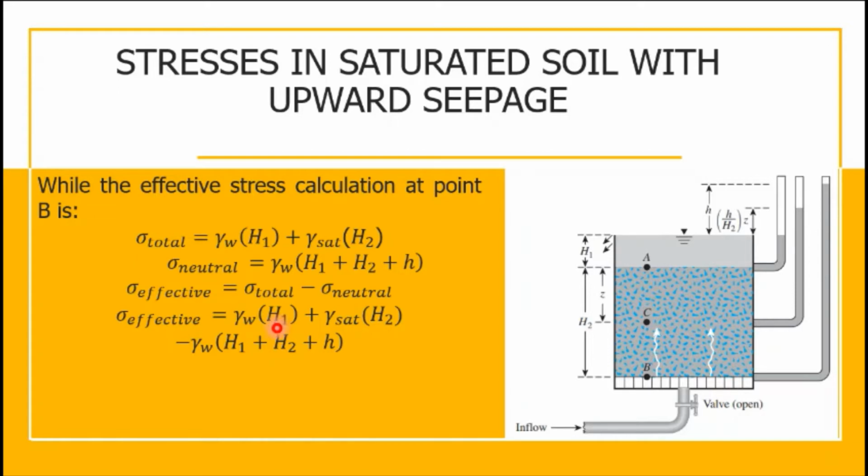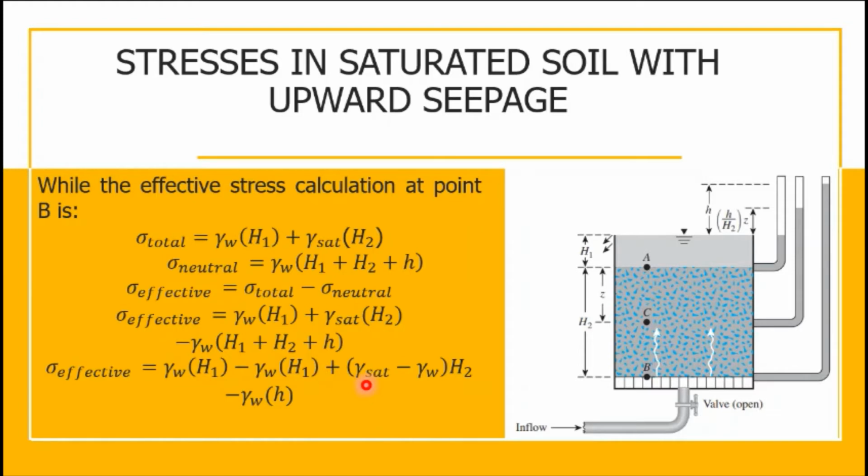So if we combine these terms, because h sub 1 is common, we get unit weight of water multiplied by h sub 1 minus unit weight of water multiplied by h sub 1, plus the saturated unit weight minus the unit weight of water multiplied by h sub 2 because that is common, minus the unit weight of water multiplied by H. The h sub 1 terms will cancel because this will be 0.